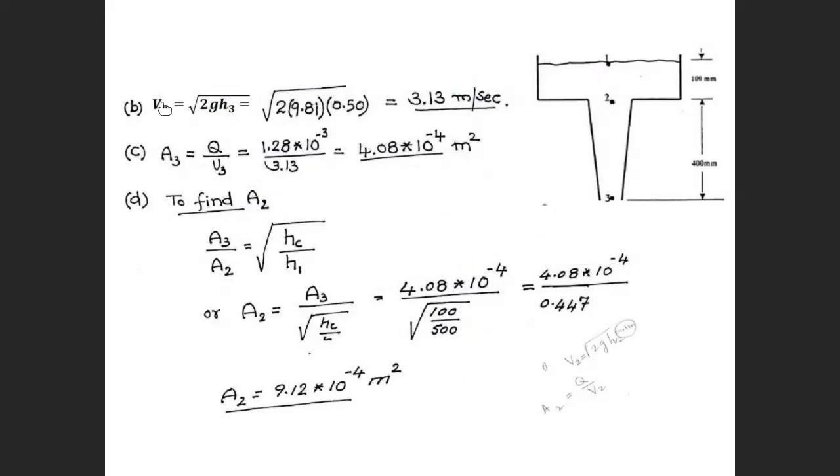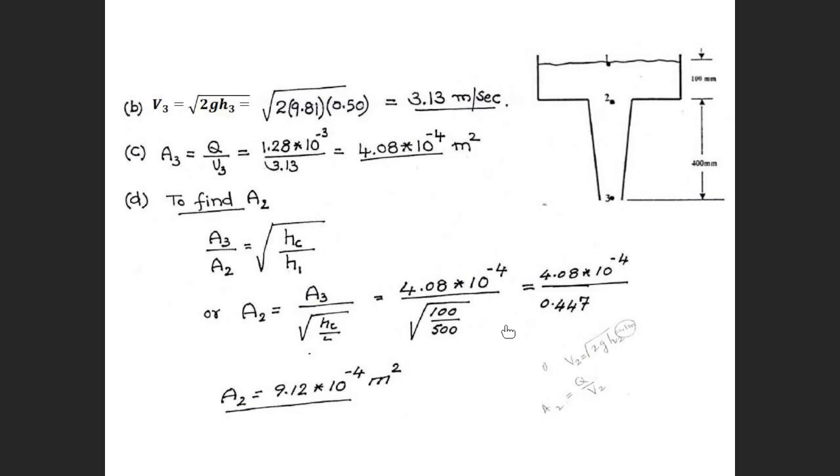This is the solution. Velocity at 3, square root of 2gh3. You get the velocity at 3. Area 3, Q divided by V3, because Q equal to VA. Then area at 2 you can obtain directly from relations. Area at 3 divided by area at 2 equal to square root of H2 divided by H3. It doesn't matter what is the name.